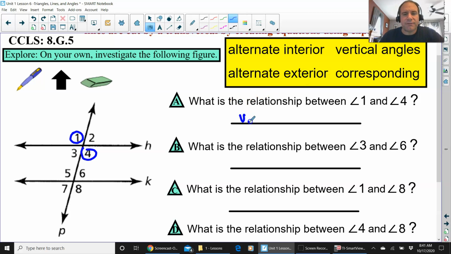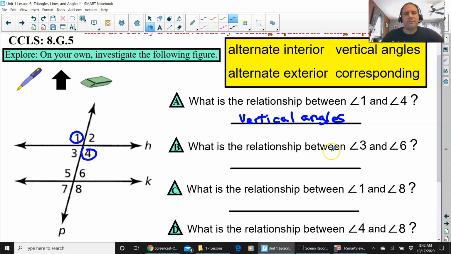Yes, if you said vertical, you are correct. Vertical angles right across from each other. Can't be alternate interior because both of those angles are not interior, and it can't be alternate exterior because both of those are not exterior. 1 is exterior, 4 is interior. Can't be corresponding because these are not in the same location.